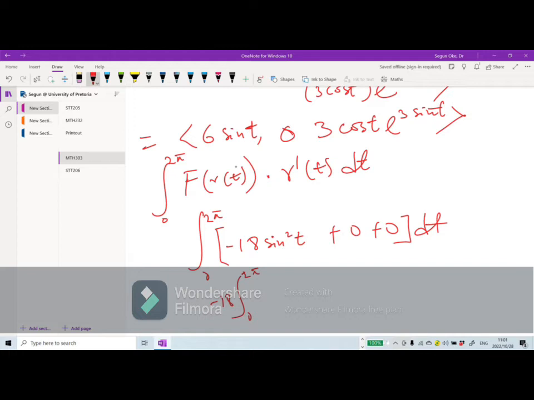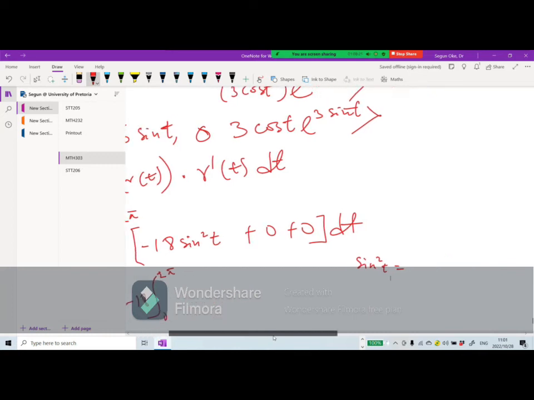Then don't forget, you can split this one. What is sine squared theta? Sine squared t is the same thing as sine squared theta. You remember, sine squared theta, when you write it explicitly, is 1 over 2 times 1 minus cos 2t.